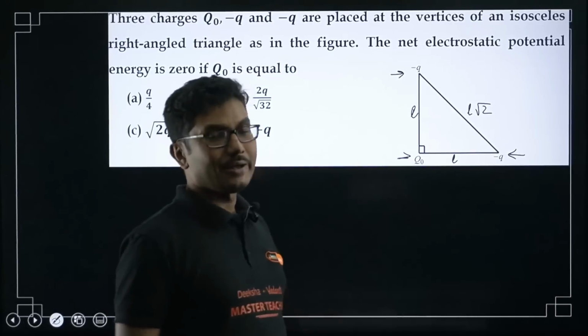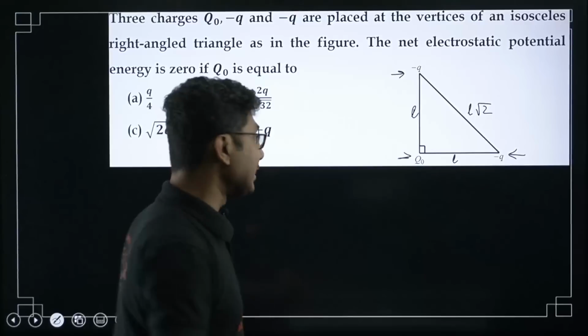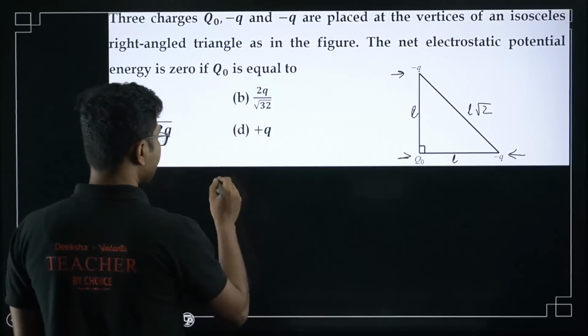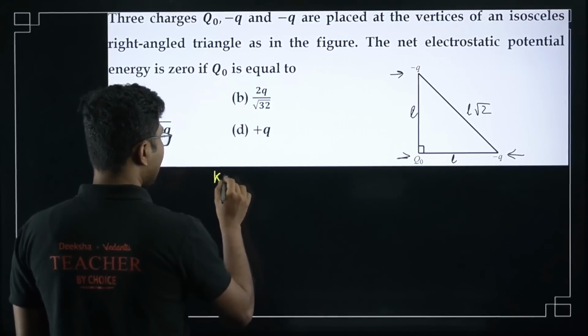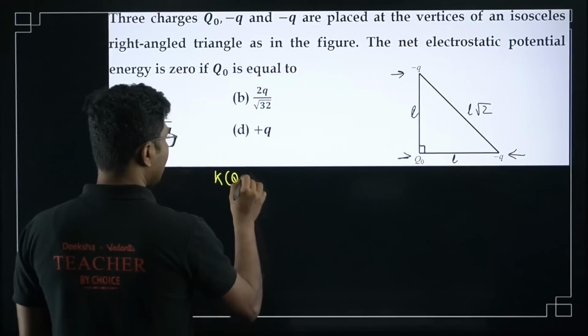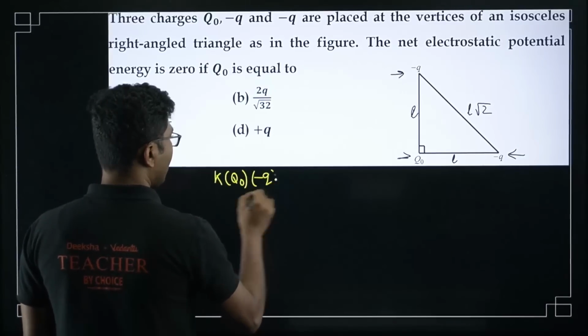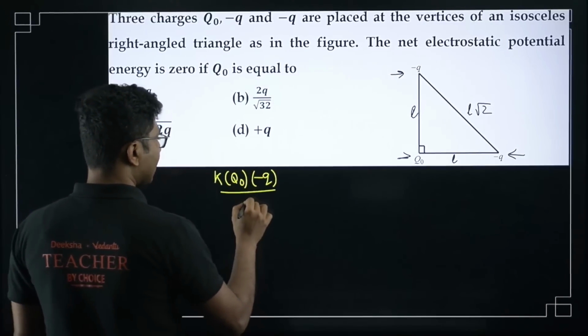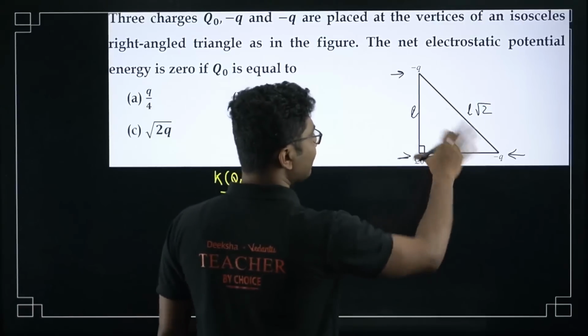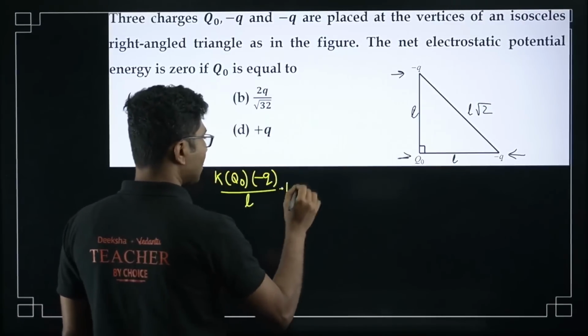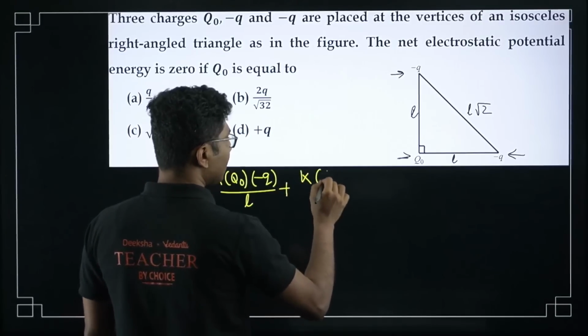Now you have to find the potential energy of the system. Potential energy of the system is given by K Q1 Q2 by R. So first let us find this one and then this one. All the potential energies get added.